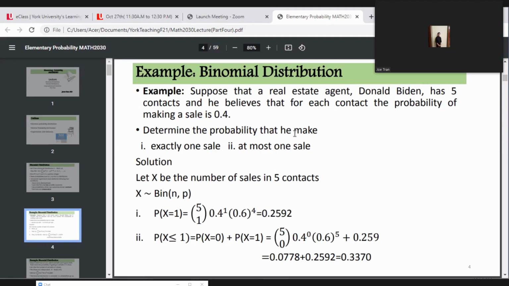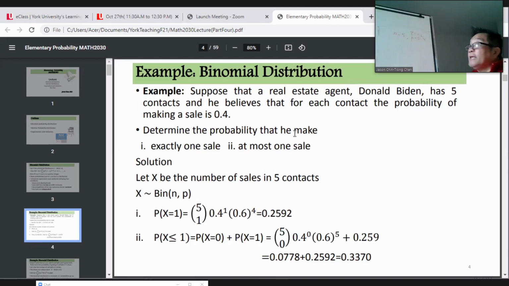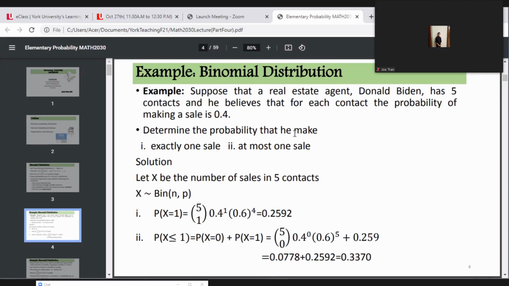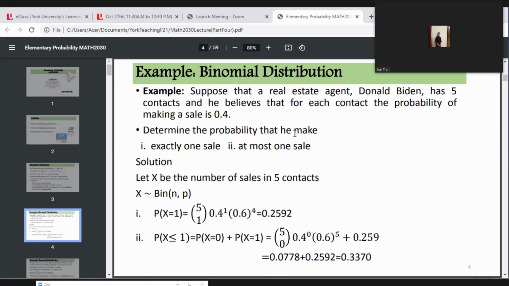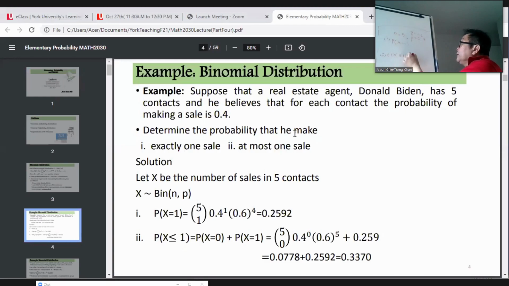I think they're different. Okay, why? Because the first one is asking for what? For only one, X equal to 1. Then the second one is asking for what? At most 1, so 0 or 1. At most 1, so it's X equal to 0 plus X equal to 1.